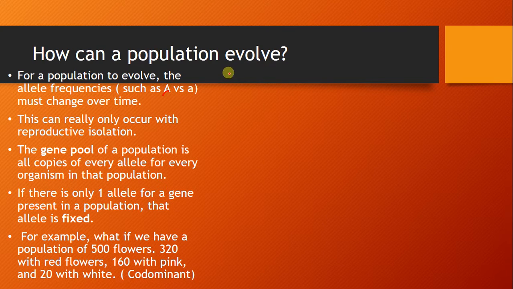So in, like I said, the first generation, 40% A and 60% little a, and then second generation maybe 45% and 55%, and the third maybe is the opposite, 50-50.